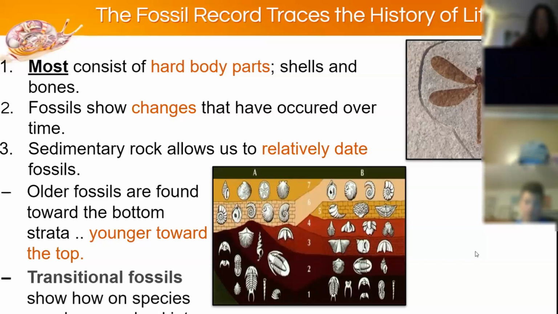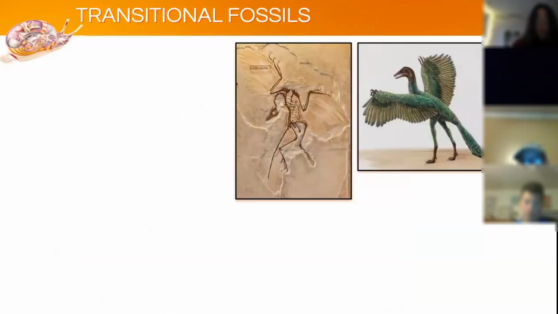There's transition fossils that show how one species may have evolved into another species. And in some cases that transition fossil is missing. And we have found transition fossils even in the last 20 years that now answer questions that we had before. So here's probably the most common example, and I would definitely be familiar with Archaeopteryx.